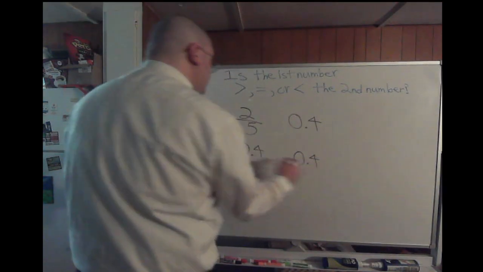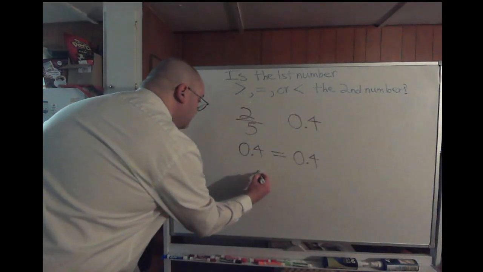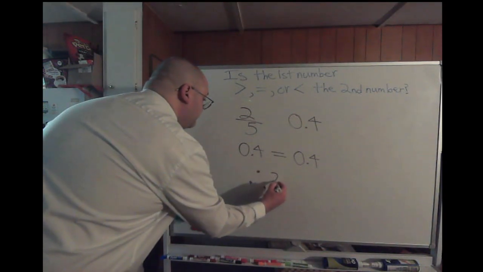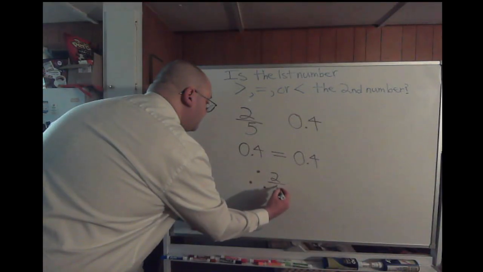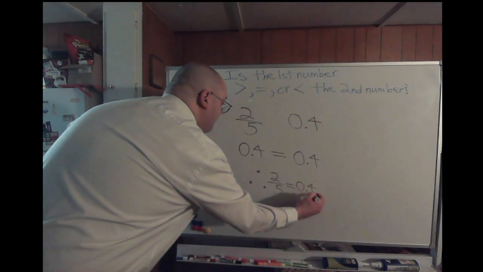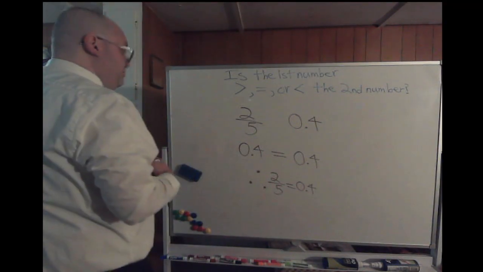It's pretty clear that 0.4 equals 0.4. So you would make your therefore statement and say that 2/5 equals 0.4. So therefore 2/5 equals 0.4.